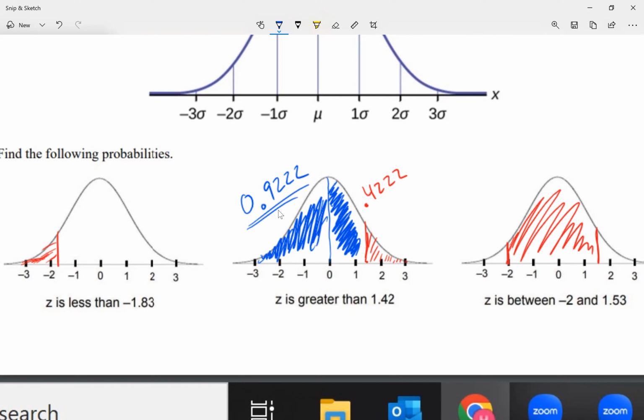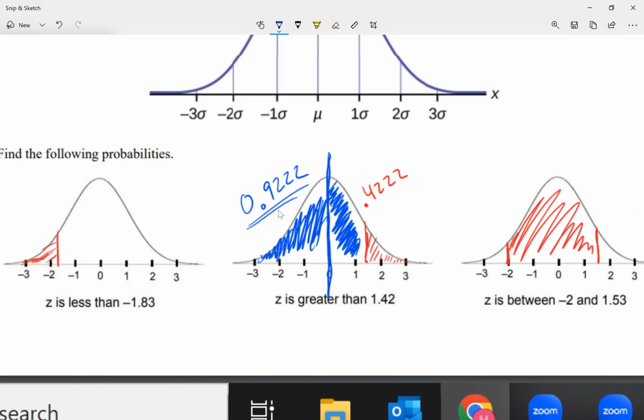You might be wondering, Mr. Leon, do you mean that when we cut it here in the center at 0, everything to the left of 0 is 0.5? Yes. Everything to the right of 0 is 0.5? Yes. Now, I'm not interested in the blue. I'm actually interested in the red. How am I going to get the red part? I know the blue part is 0.9222.